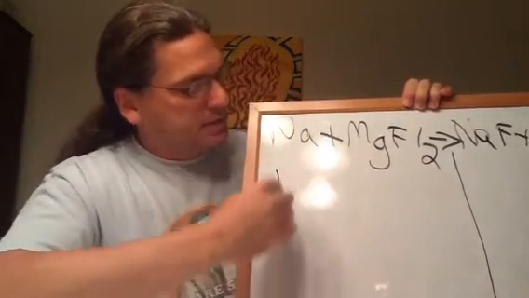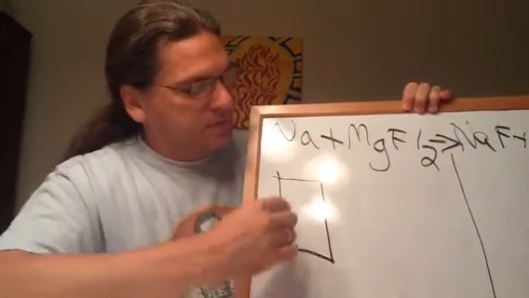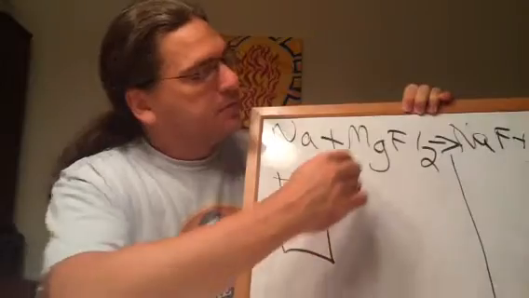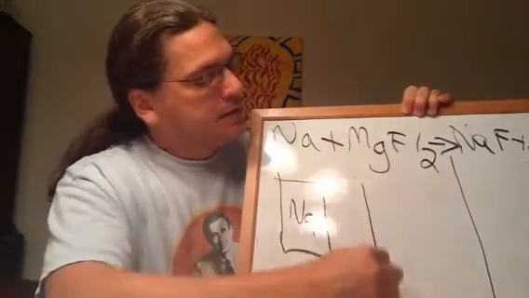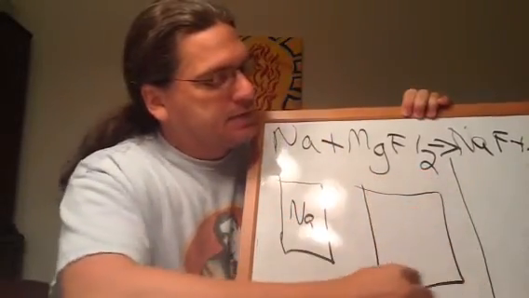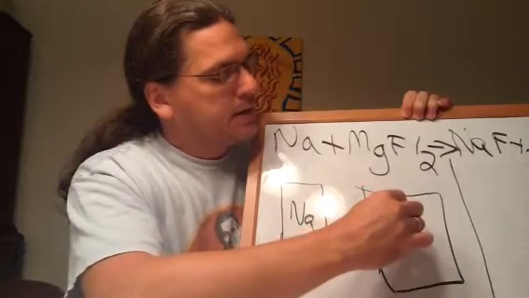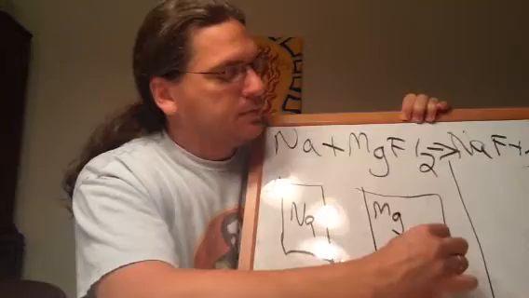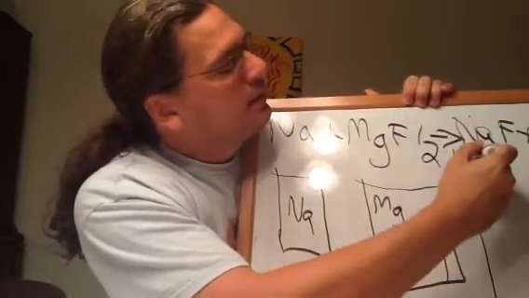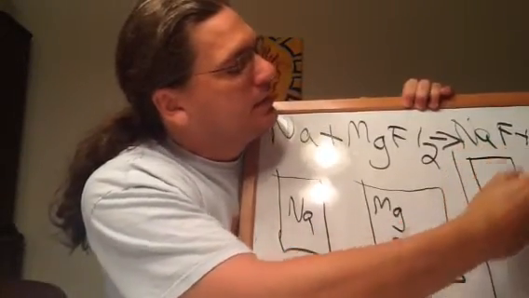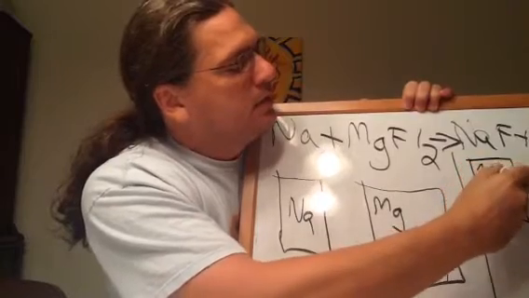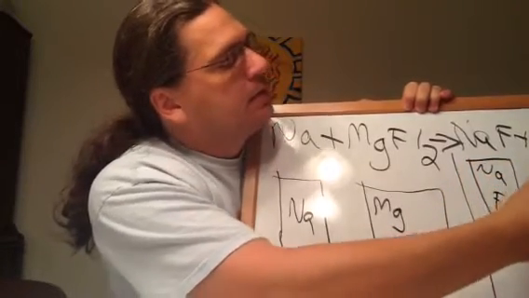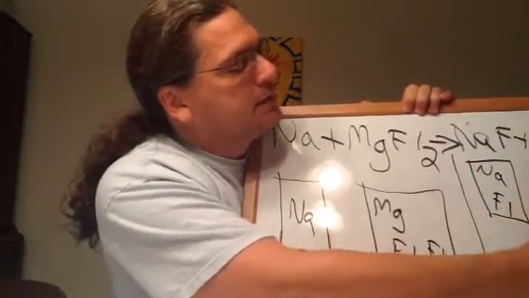So initially we have one sodium, of course. Magnesium fluoride here is the second reactant. We have one magnesium, we have two fluorides. On the product side, we have sodium fluoride, one sodium, one fluoride. On the end over here, we have a magnesium all by itself.